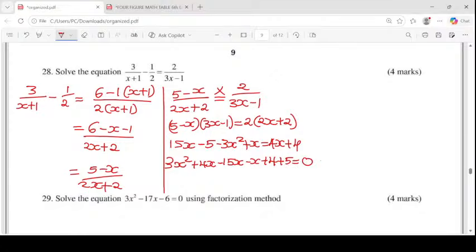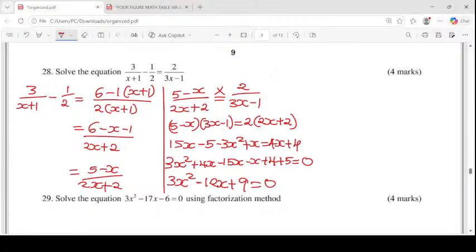So this will become 3x squared minus 12x plus 9 is equal to 0.